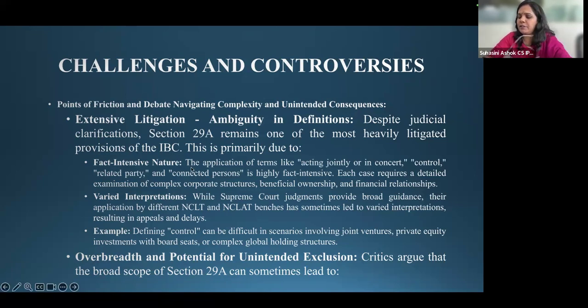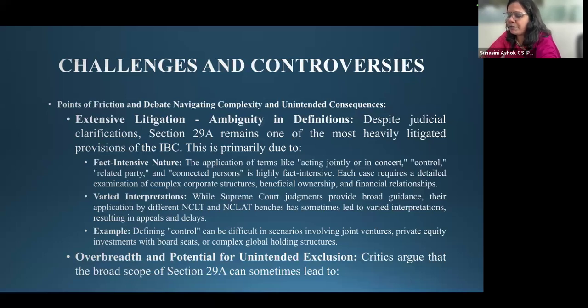Again, the word control. If you go to Section 29A, one of the important points is who is controlling connected persons.